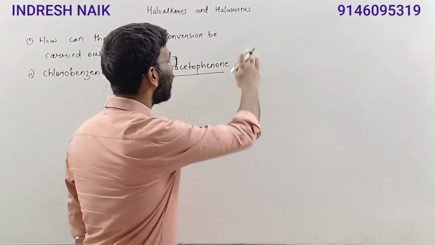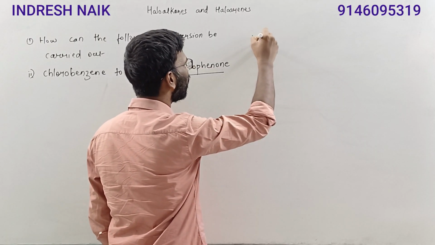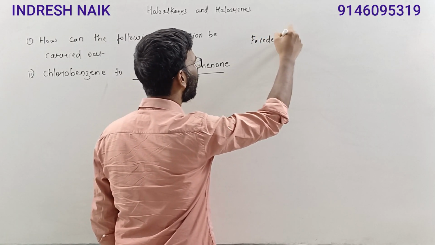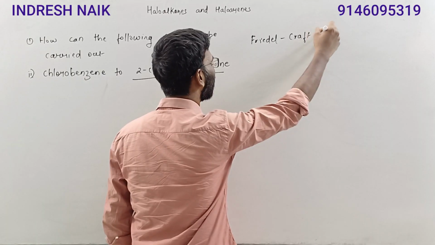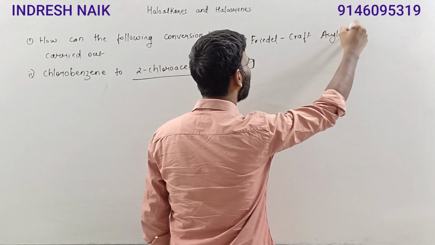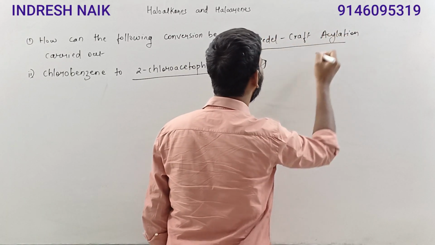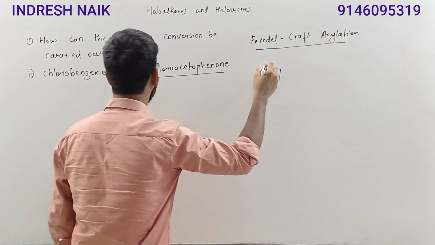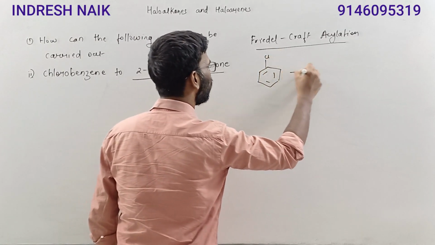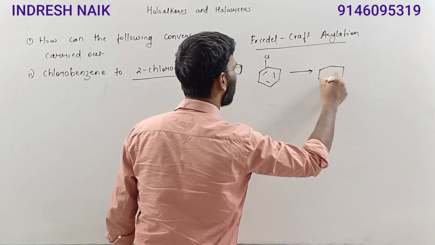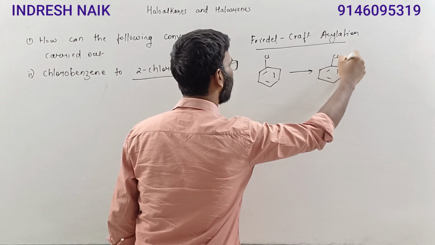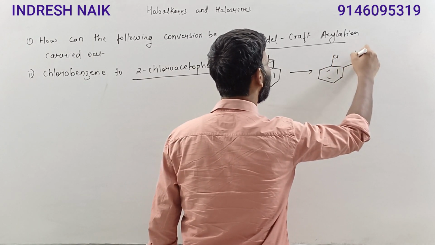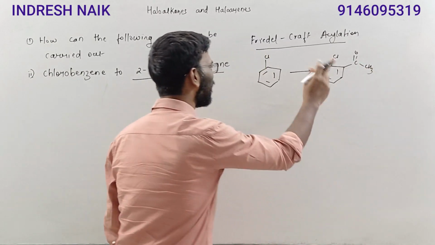This reaction is done by Friedel-Crafts acylation. Okay, Friedel-Crafts acylation. What do you want? You need to convert chlorobenzene to 2-chloroacetophenone, with the chlorine and the acyl group at the second position.